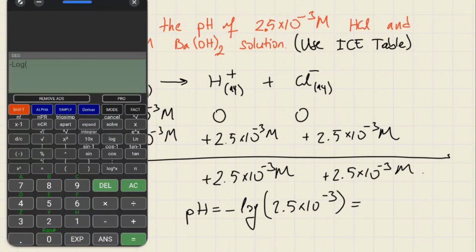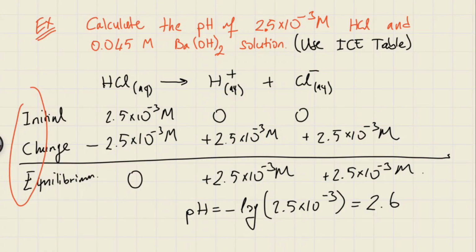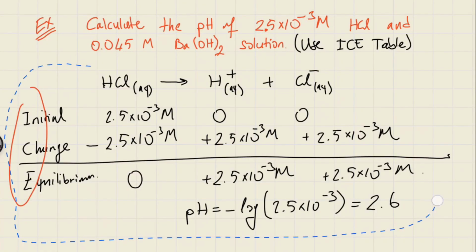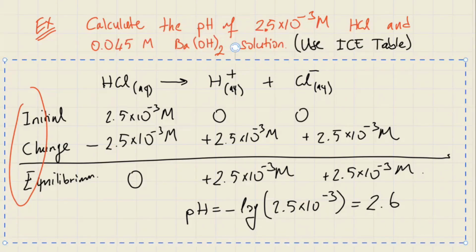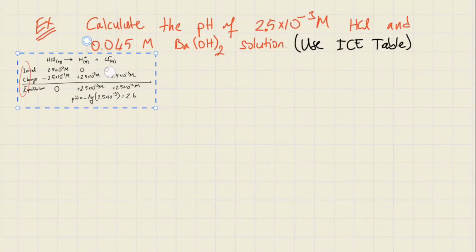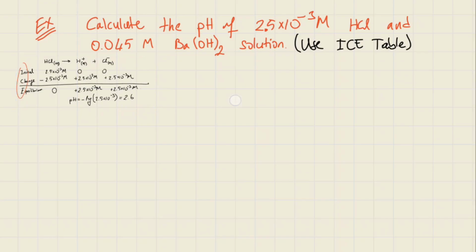And we can calculate this value. Minus log 0.0025. So there are 3 zeros, and it is equal to 2.6. And the same thing can be done for the base. I will make it smaller to gain space here.